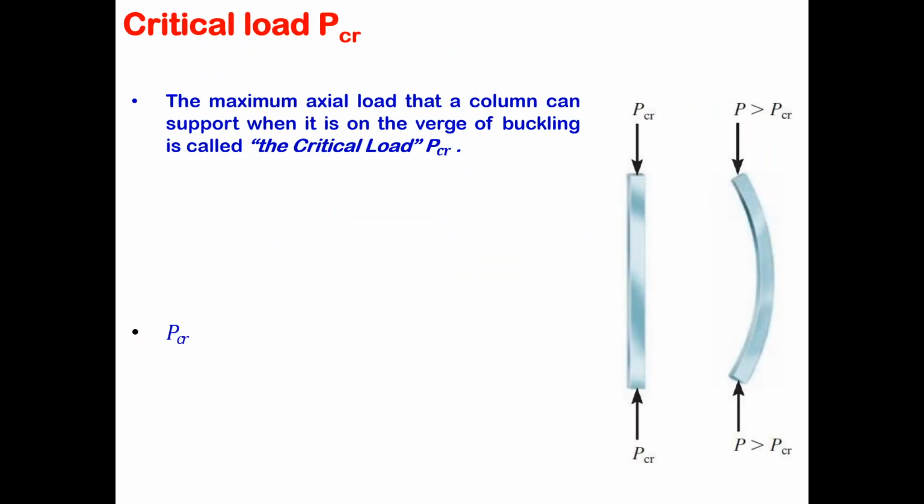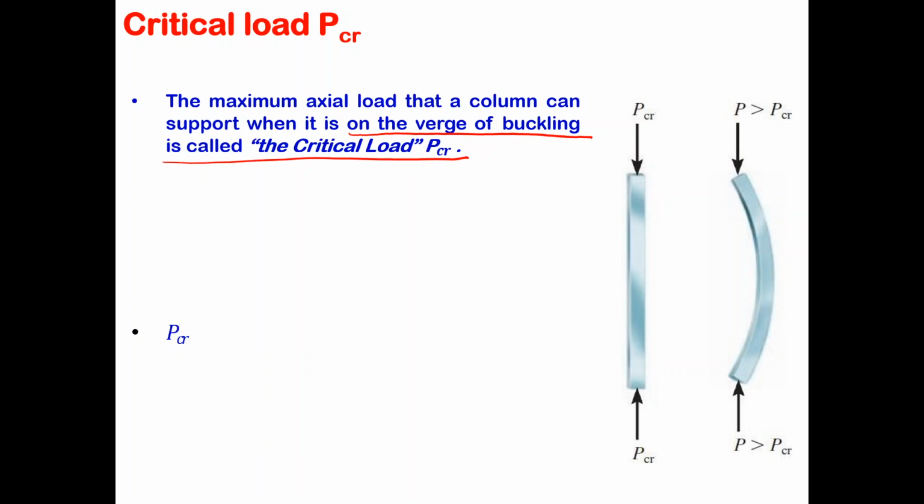Okay, the maximum load that a column can support when it is on the verge of buckling is called the critical load, P critical. And that's actually pretty important. This definition is pretty important because the critical load is the maximum load a column can support when it is on the verge of buckling, right?